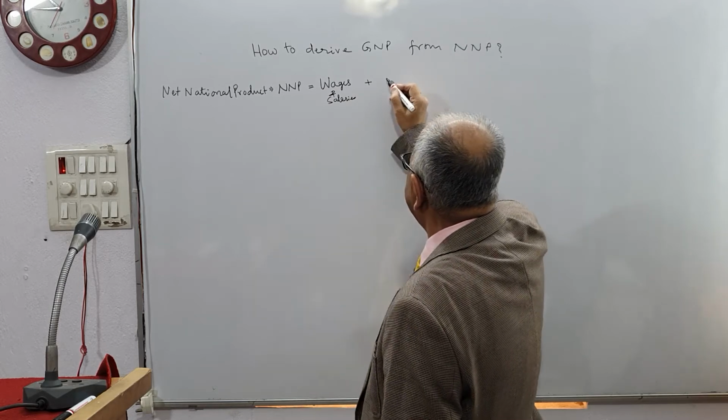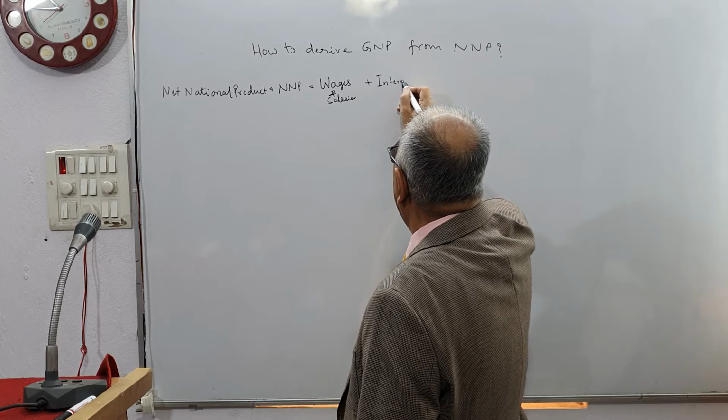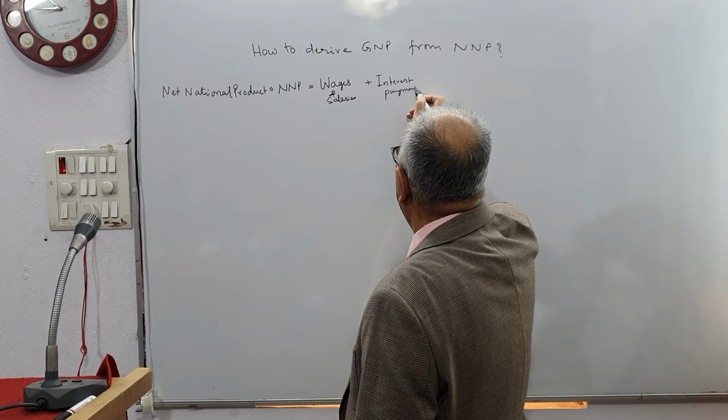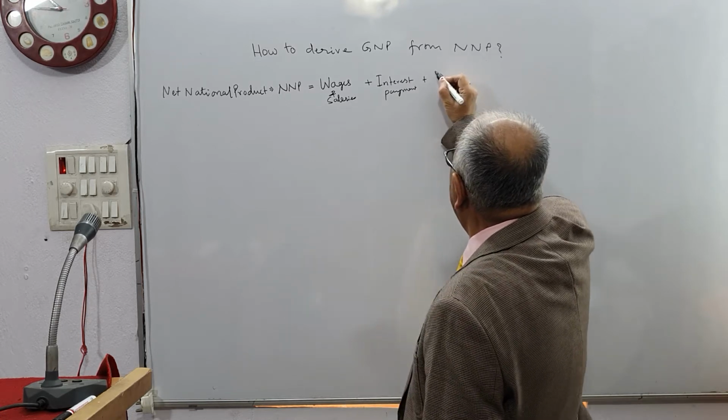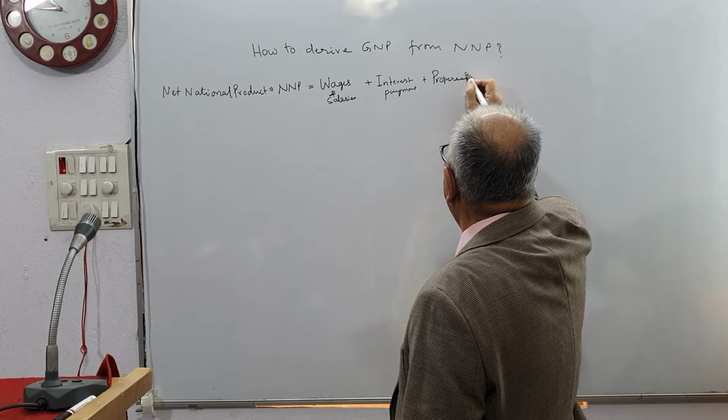Second term, interest payment. Third term, proprietor's income.